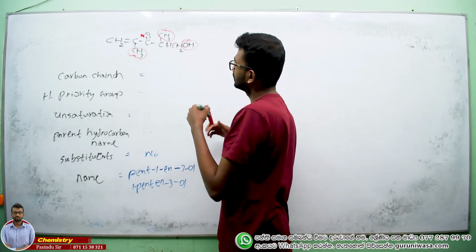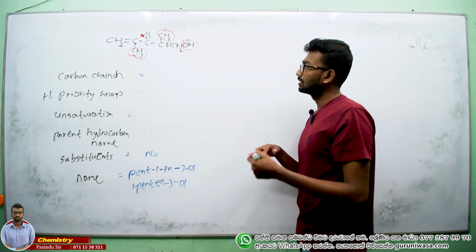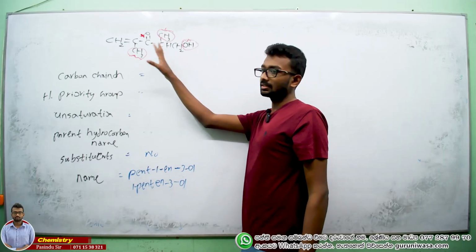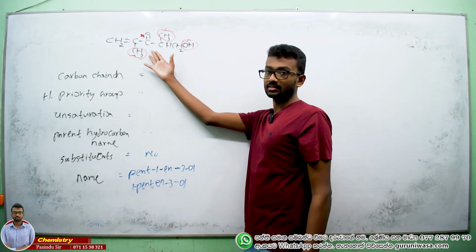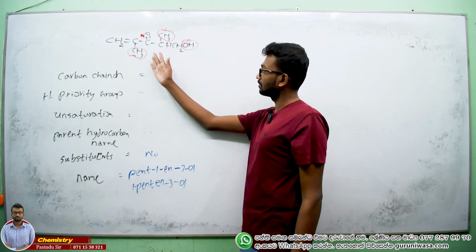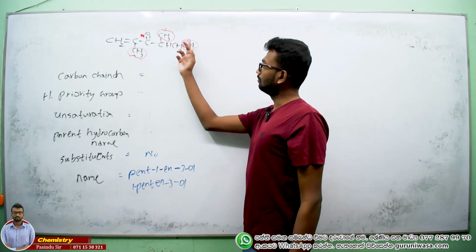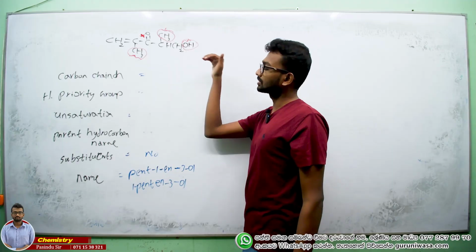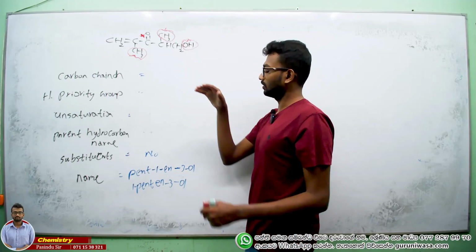And so which side gives the lowest number? Here, on either side, this one gets the same number. So therefore we have to consider the substituent. Which side gives the lowest numbers to the substituent? Right to left.